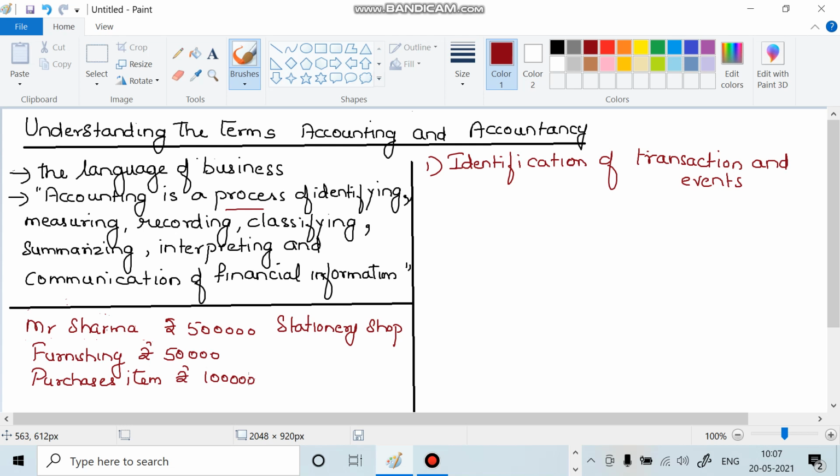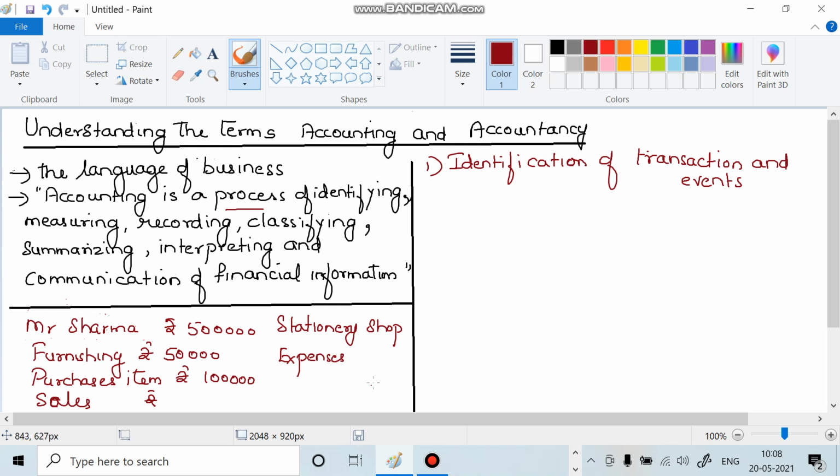Now in this way, he will have several transactions taking place in a single day. He'll be purchasing items, then he'll be selling several items to individual customers. So there will be sales of the items at different points of time in the day, and it goes on for several days. And within a period of 12 months, there will be so many transactions related to purchases and sales, and he will also be incurring several expenses.